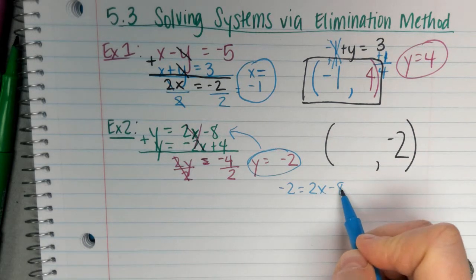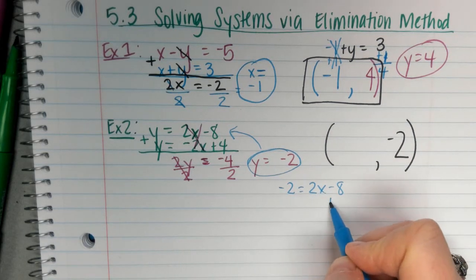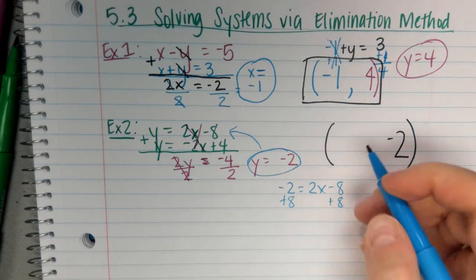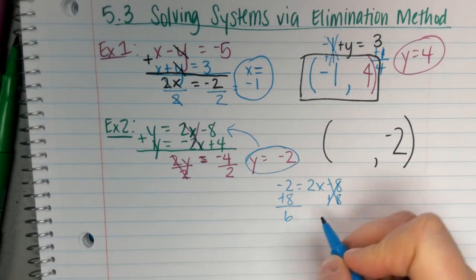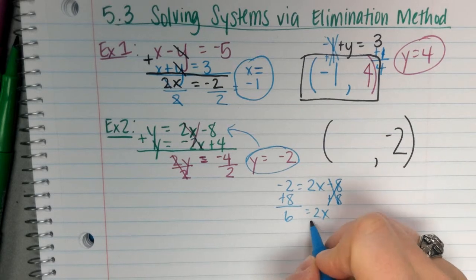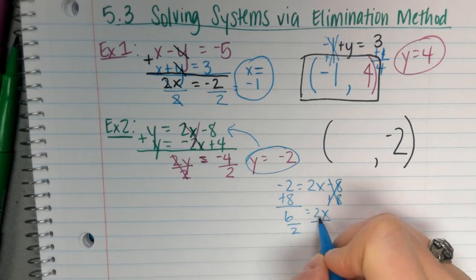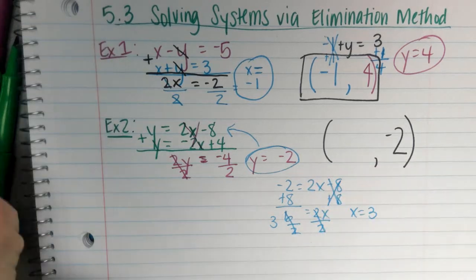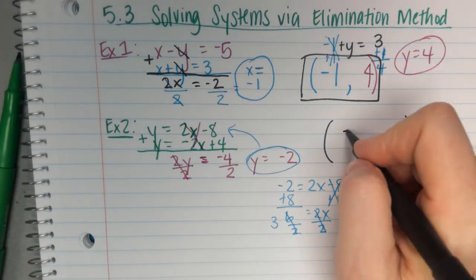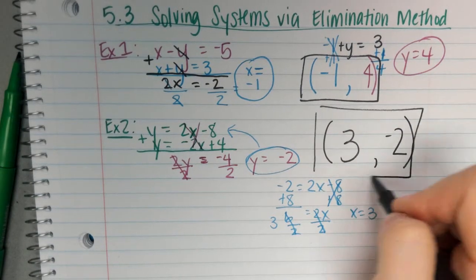We're going to try to get the numbers all on this side, so we're going to add 8 to each side to get that negative 8 off. So this becomes a positive 6 equals 2x. Divided by 2, you get x equals 3. So now our answer is 3, negative 2.